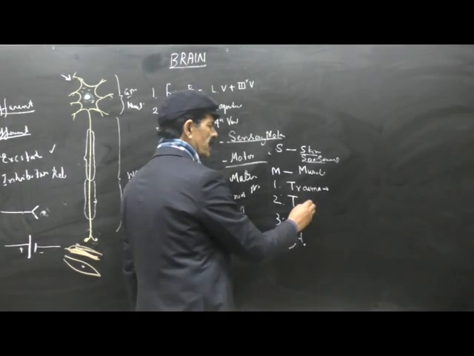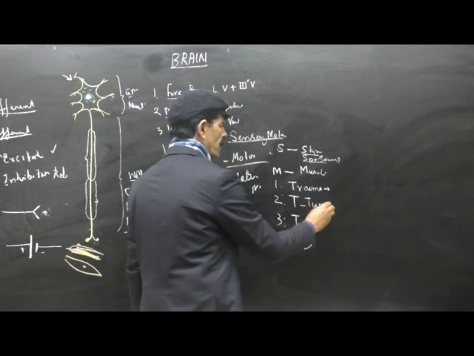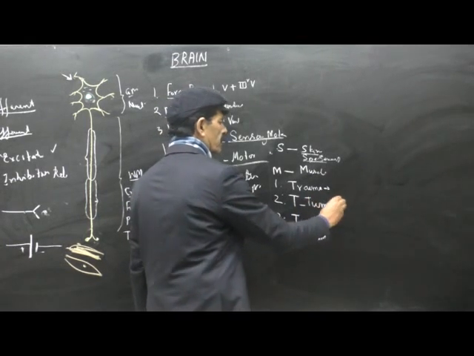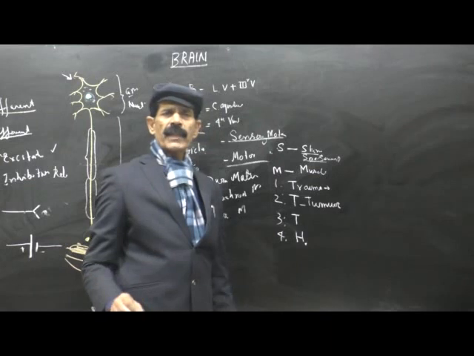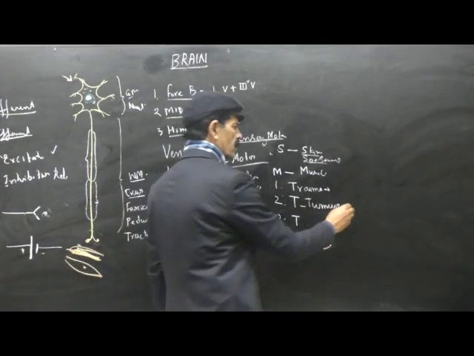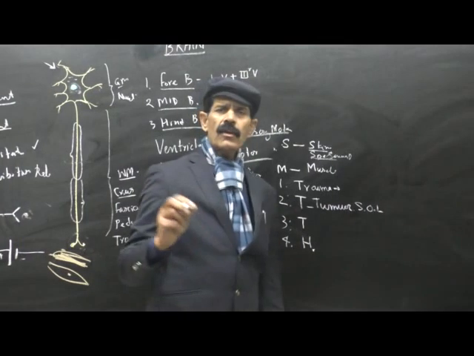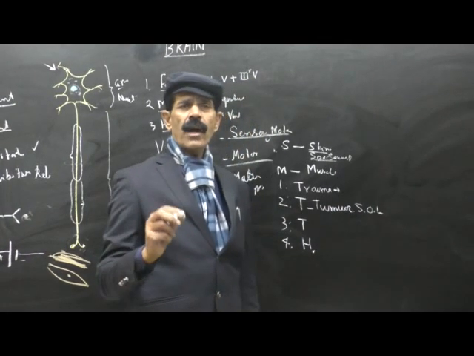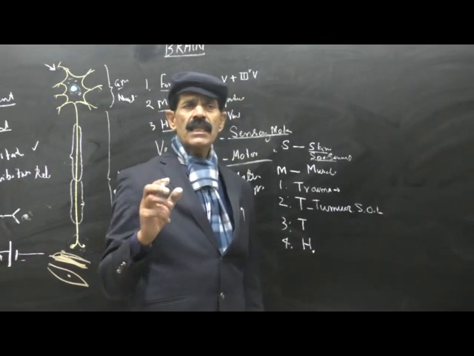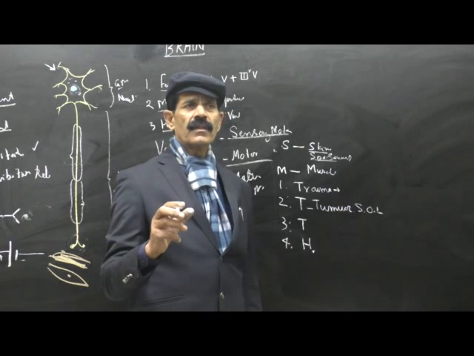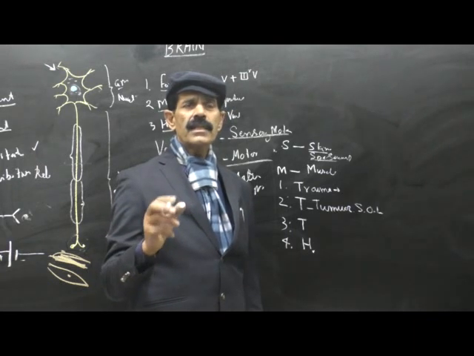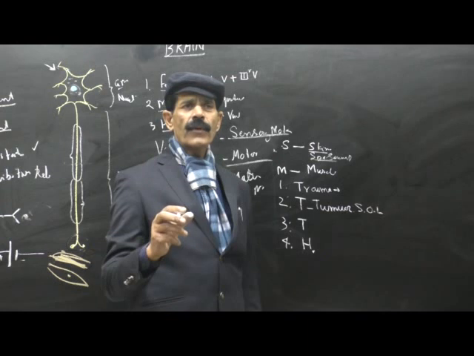Another T is for the tumor. So tumor is a space occupying lesion. Small or large in size, any part of the brain is affected by a growth inside the brain or the cranial cavity.